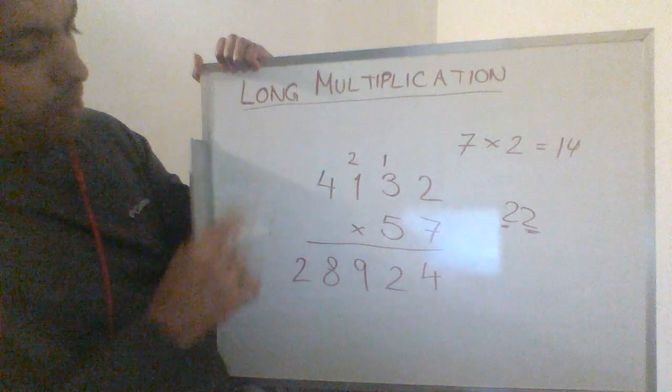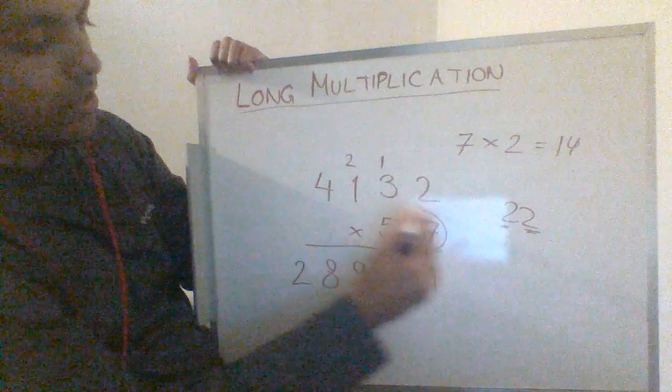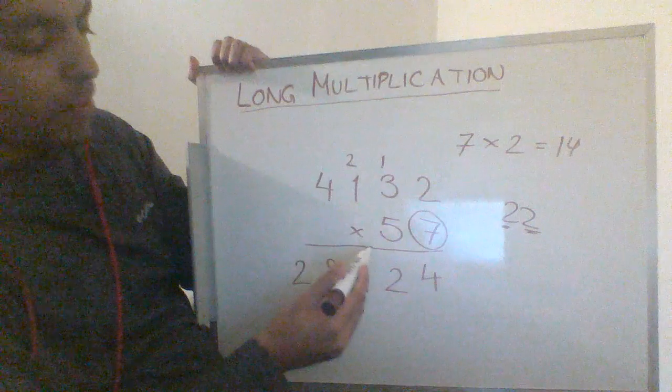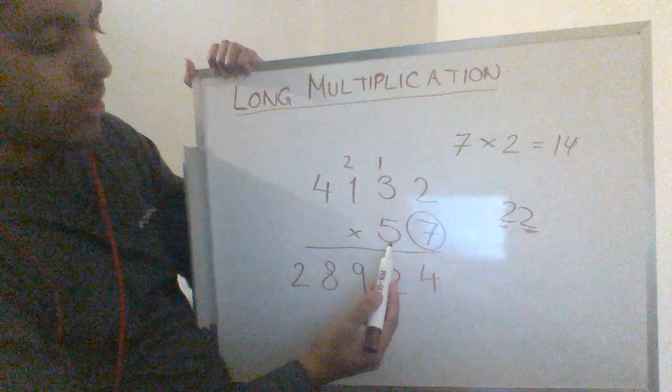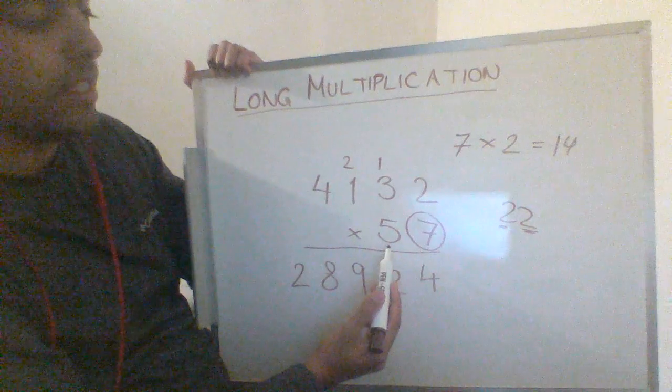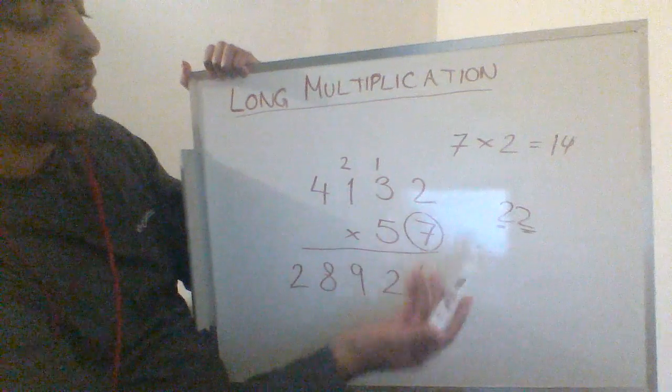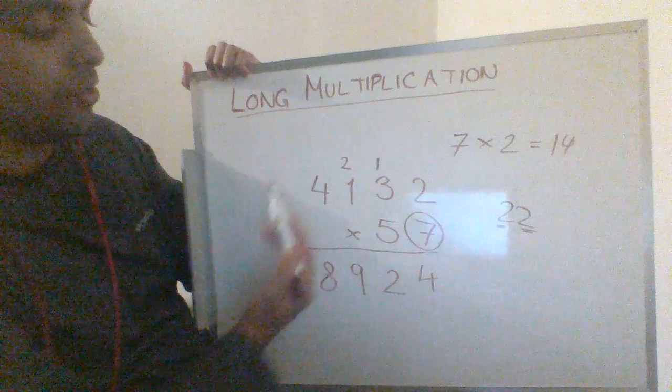But anyway, back to the problem. So, this is what we've got so far. We've done everything that we need to do with this 7 right here. Now we're going to repeat the same process, but with this 5. Now the catch here is that this 5 is in the tens place, right? We have the ones over there, and then the tens over here, and the hundreds and the thousands.